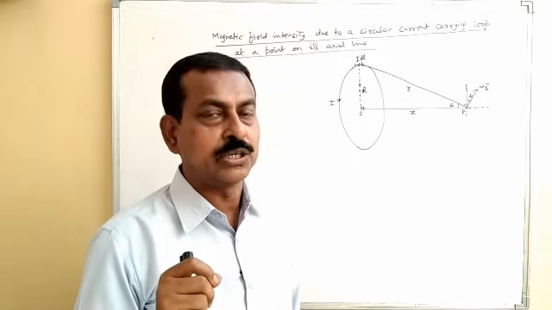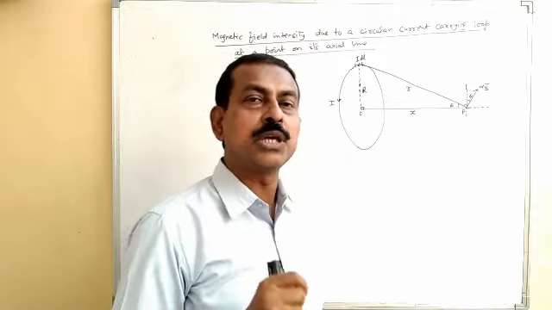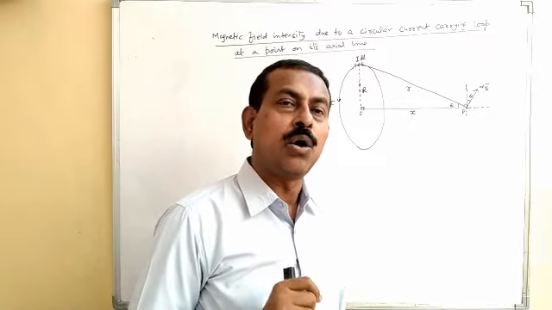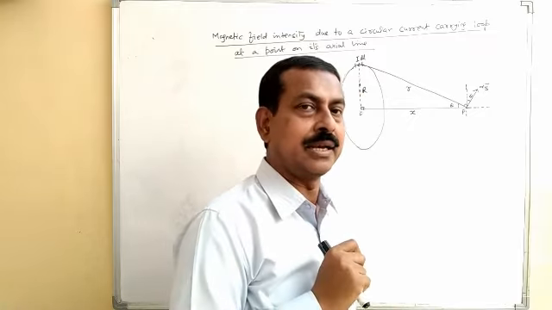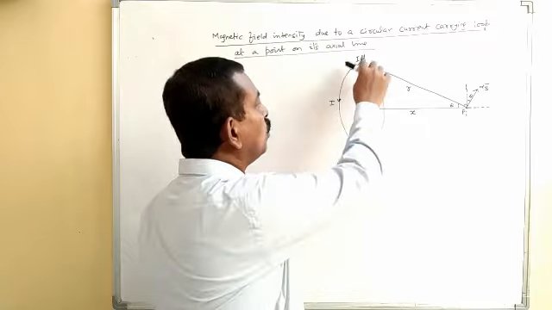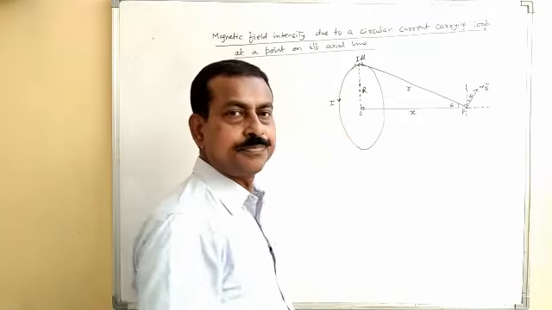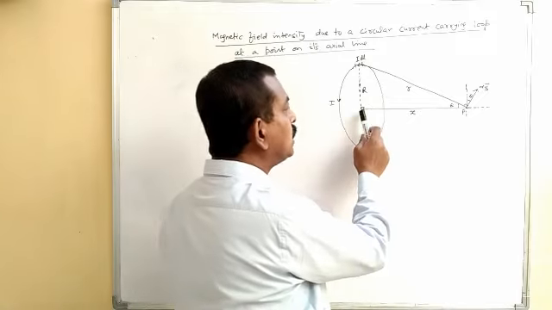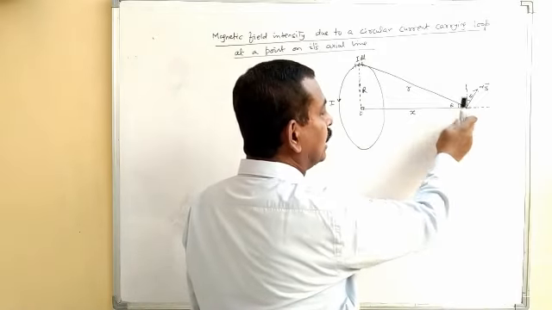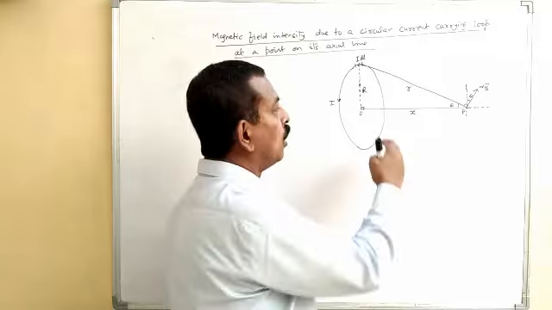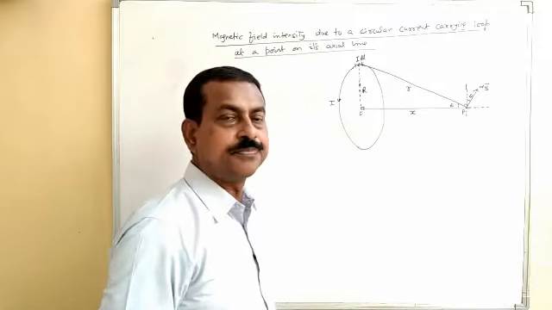So let's try to find out magnetic field due to a circular current carrying conductor at a point on its axial line. Suppose we have a circular conductor carrying current I, and we want its magnetic field at a distance x on the axial line of it.